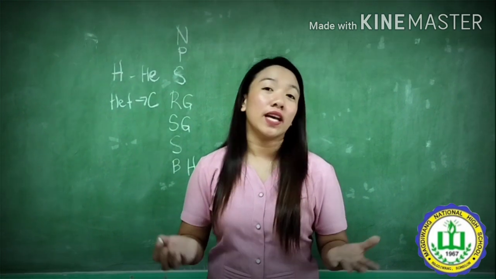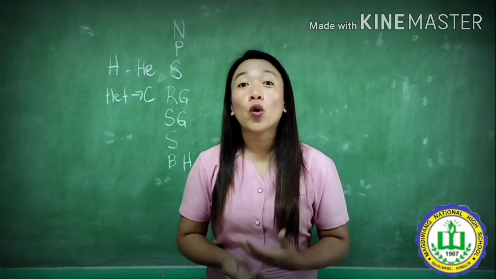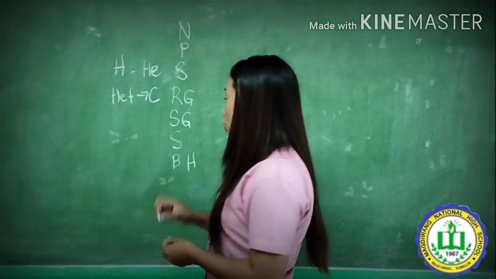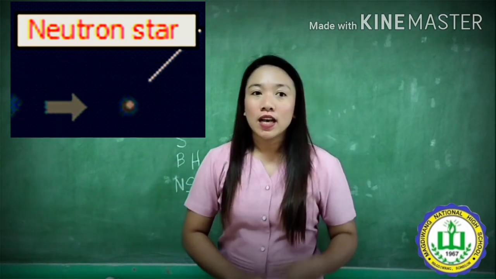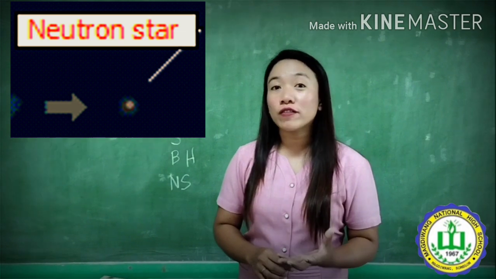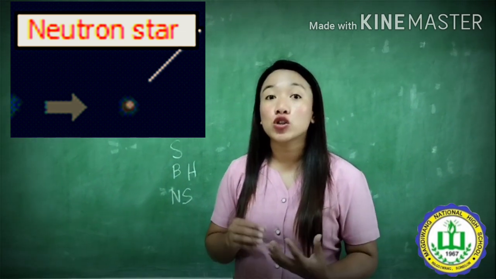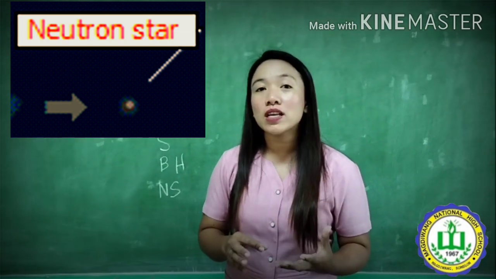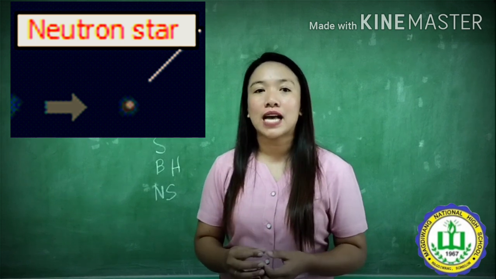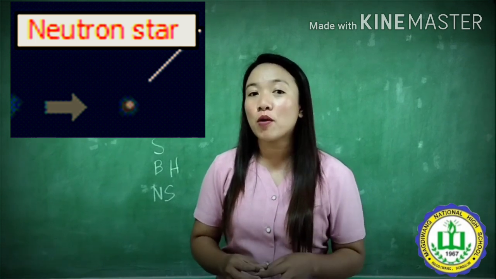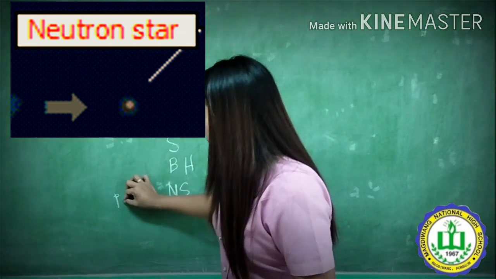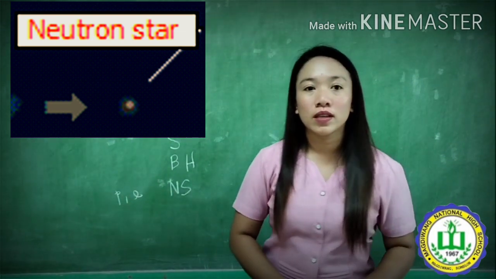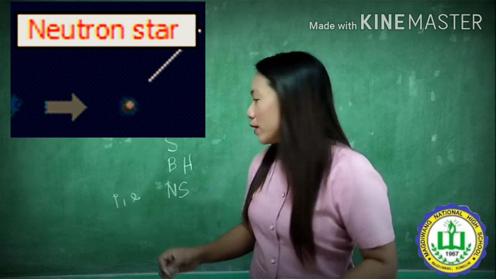And eventually, the so-called corpse of the star, the neutron star. It forms from the core of the star that has undergone supernova. The atoms in the star condense and collapse until two particles that compose atoms, the protons and electrons, fuse to form neutrons.